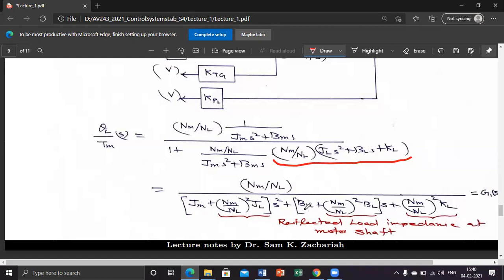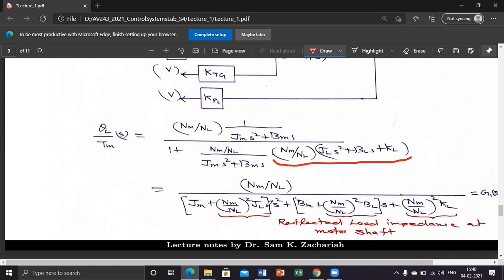Jm and Bm are the motor's inertia and viscous damping, if we are not connecting any external load through the gear. We are now representing this much portion with respect to the motor shaft. This gives the reflected inertia, JL reflected to the motor shaft side.